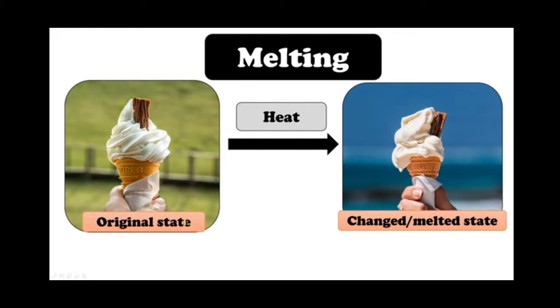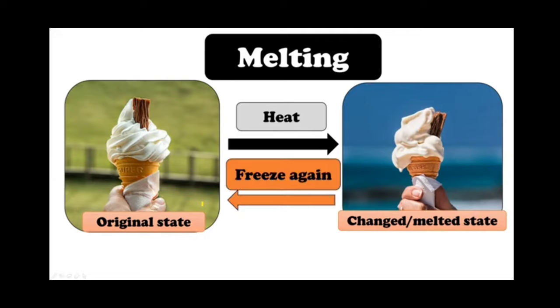You can see here the two states of ice cream. The topic is melting. The first form is the original state and the next form is the changed, melted state. In a hot summer, the ice cream has started melting and I want my ice cream back in the original state. So can I get this back?